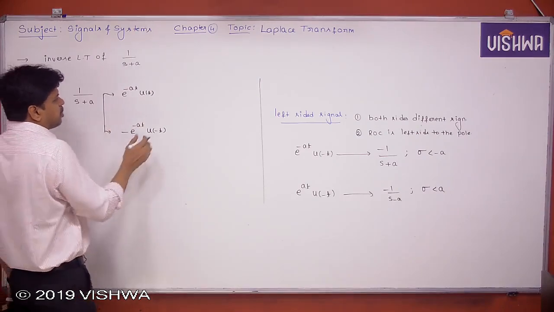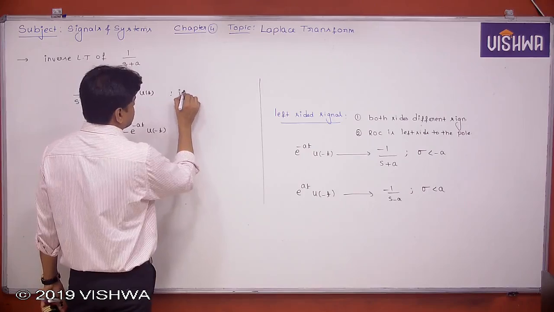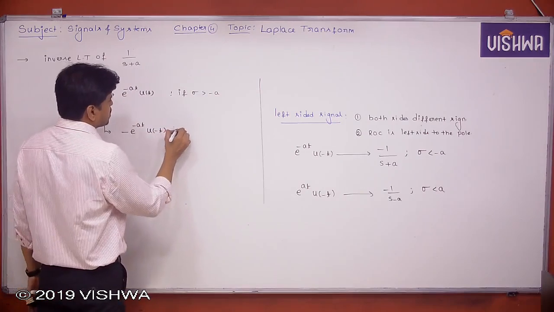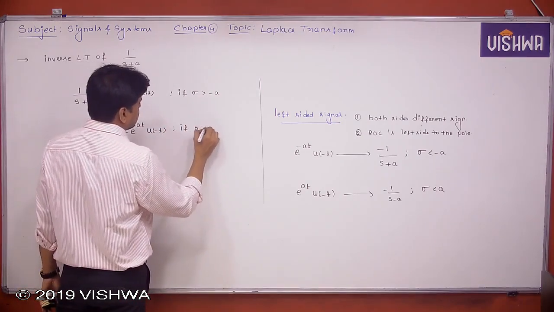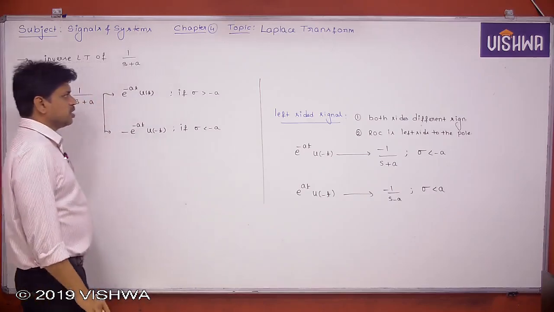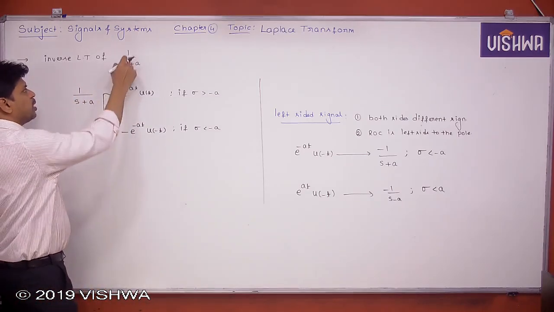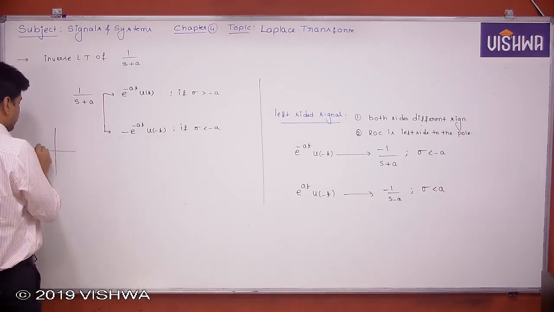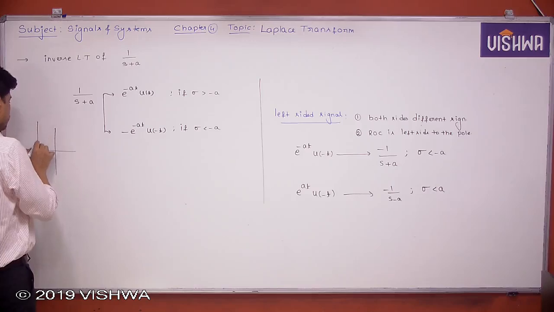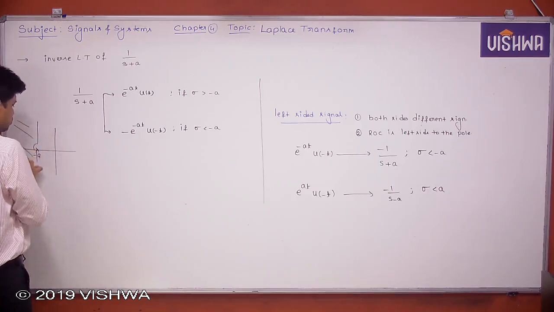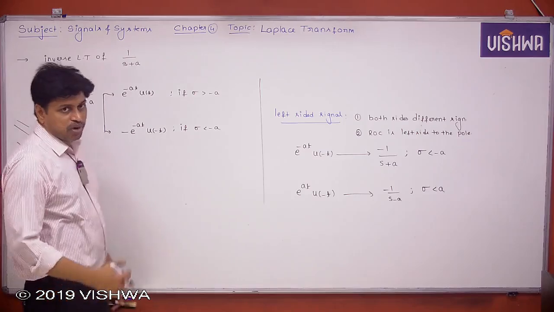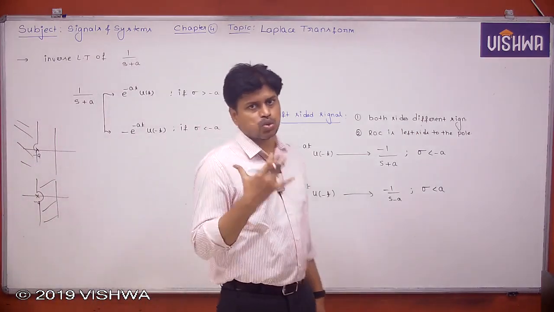This is the inverse Laplace transform if sigma greater than minus A. This is the inverse Laplace transform if sigma less than minus A. Because 1 by S plus A has a pole at minus A, for one pole there exist two ROCs.